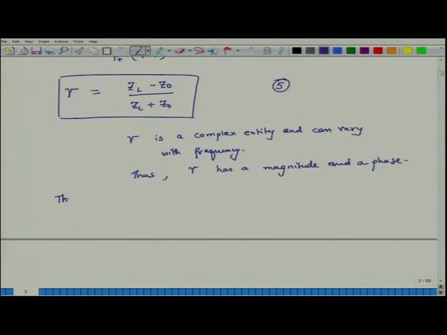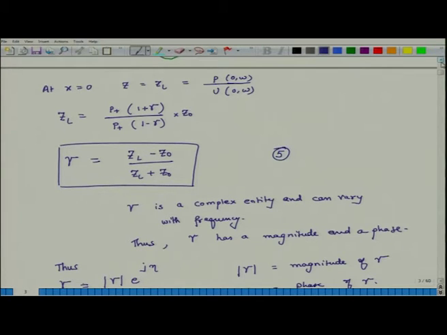Thus, I can express gamma with some magnitude, and if it has a phase, then the phase term can be expressed as e to the power of j times eta, where this is the magnitude of gamma, and eta is the phase of gamma.